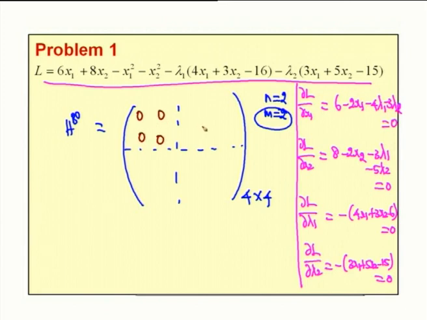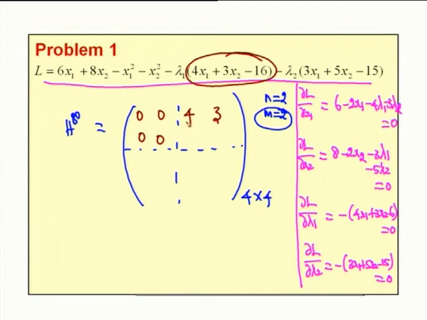Then the second block is U. U is nothing but the partial derivative of h with respect to the decision variables. So, the first h1 is this one. Therefore, ∂h1/∂x1 gives us 4, so the first row takes the value 4. Then ∂h1/∂x2 gives us 3.